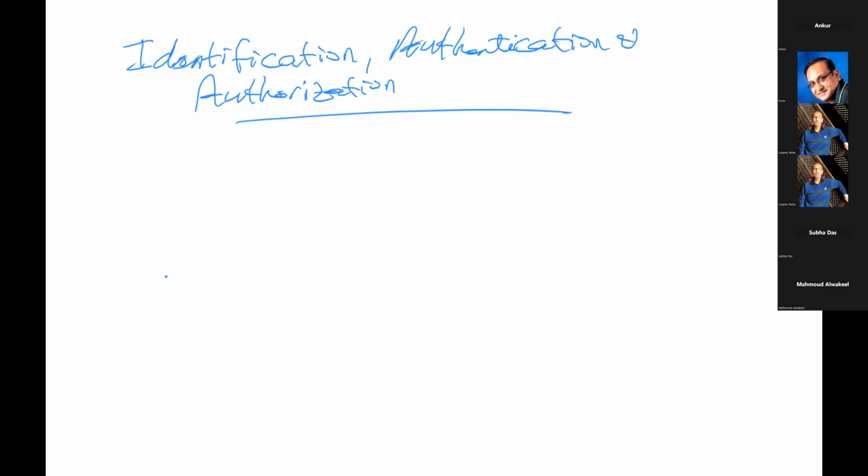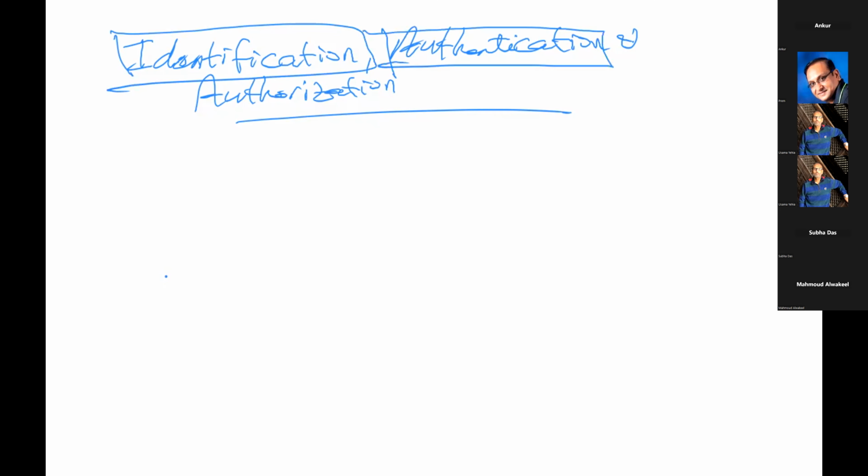Usually I like to define it in a very simple way. Identification means who are you? Authorization, what you are allowed to do. It is very simple like that.